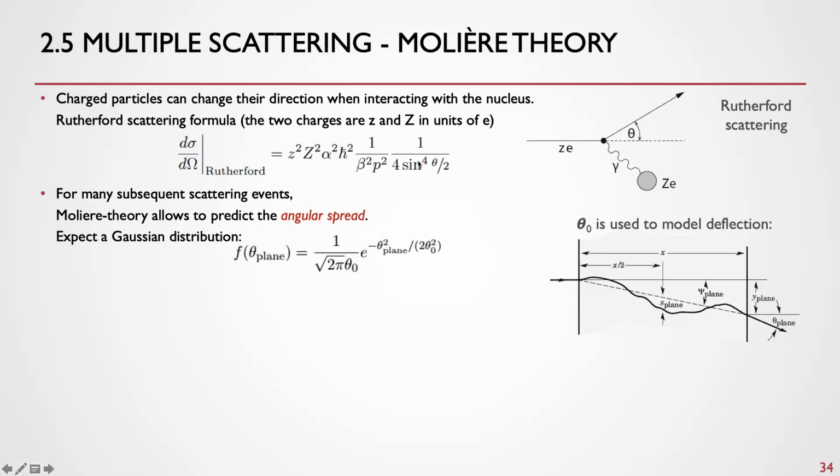That was already the source for the creation of delta electrons and a large tail in the energy loss when the detector is thin. Now we look at what that means for the deflection of the particles when they travel through finite-sized detectors.